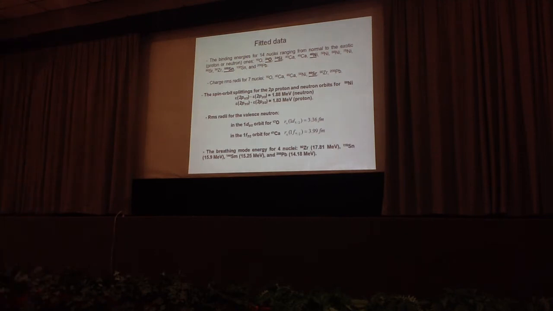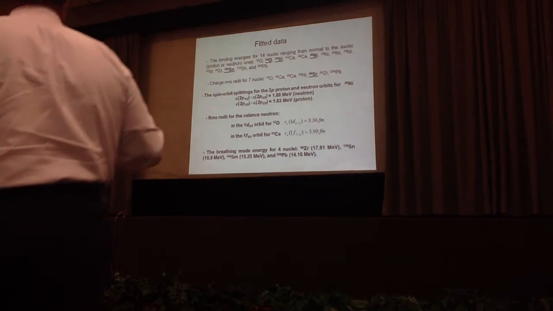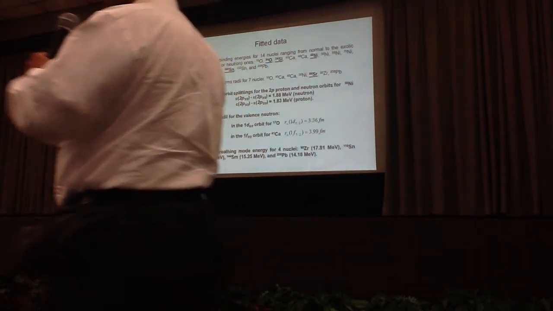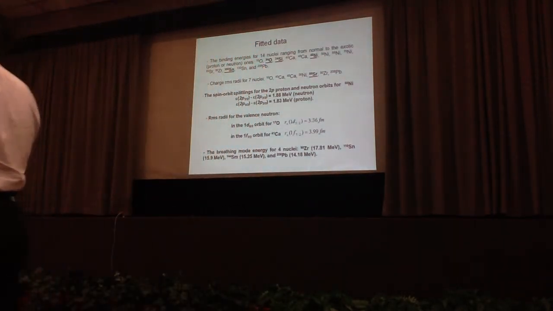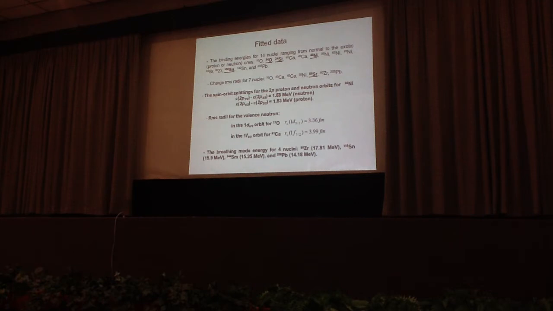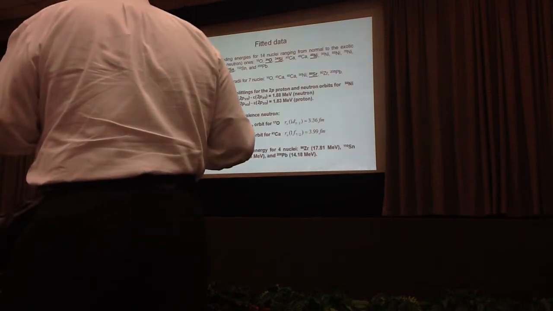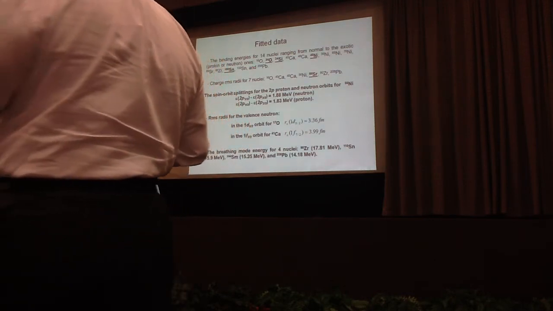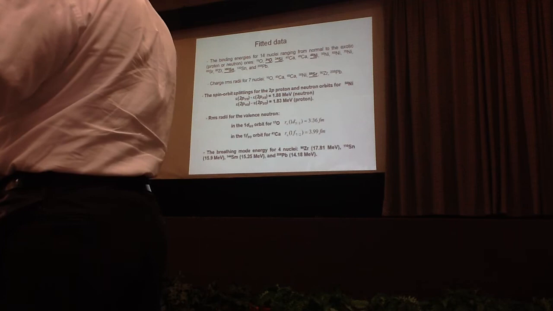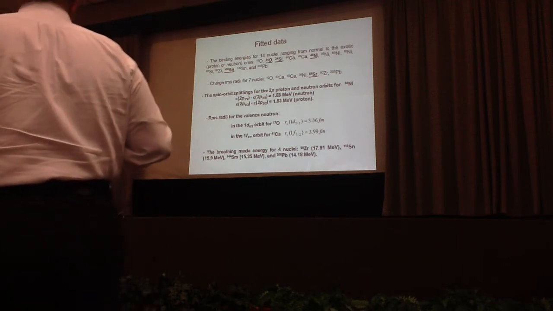Standard spin-orbit a la Bohr and Mottelson will not reproduce it. It's too small. So we carried out a particle-phonon coupling model to extract the bare single particle energy. And the splitting went to this value of 1.8, so we use that in order to fix the strength of the spin-orbit.